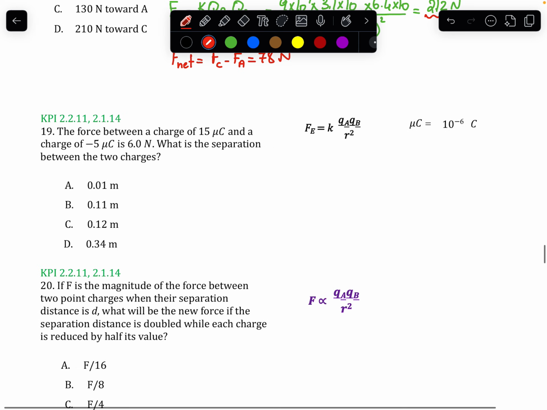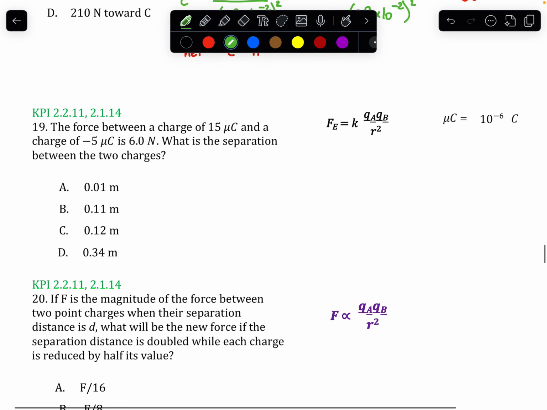Later, the force between a charge of 15 microcoulomb, so that's Q1, don't forget to convert, and a charge of minus 5 microcoulomb, this is Q2. I have the force and I need the separation between the charges.